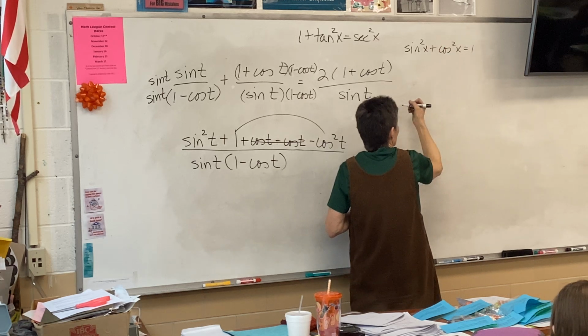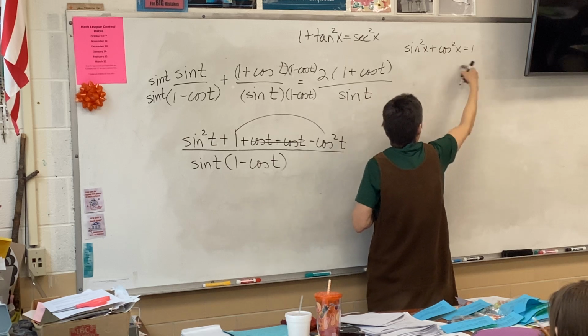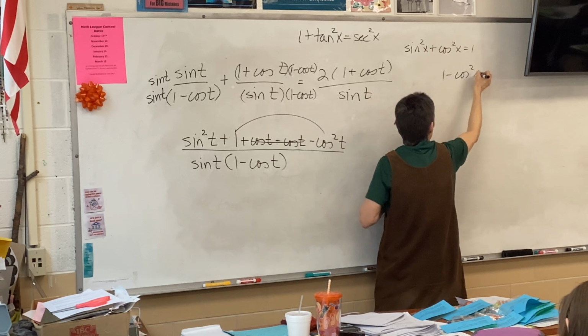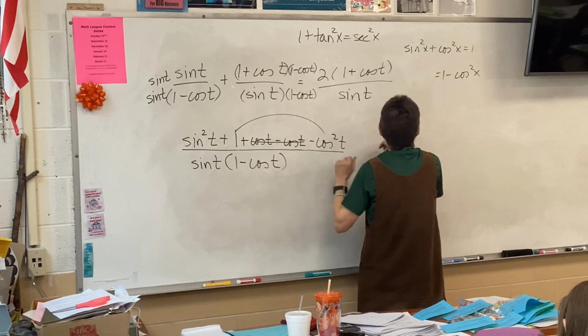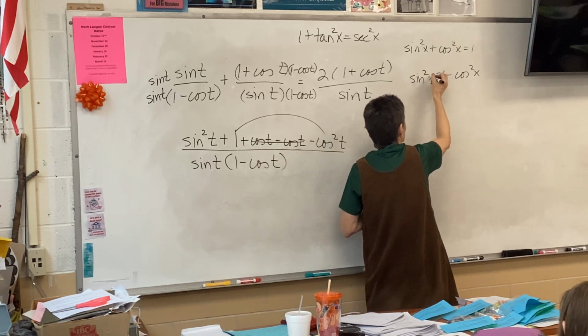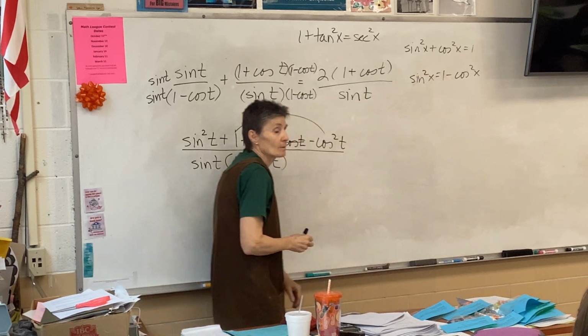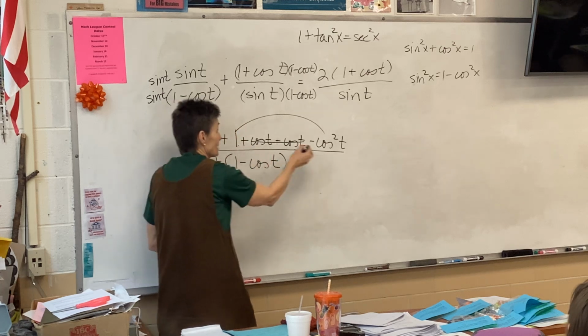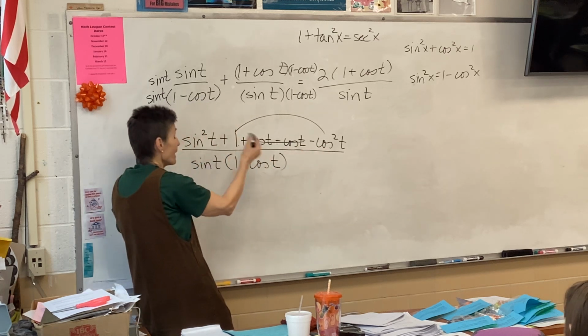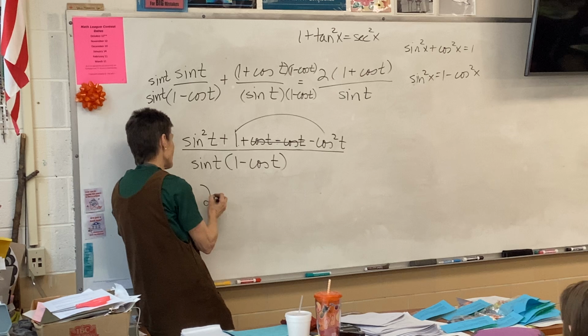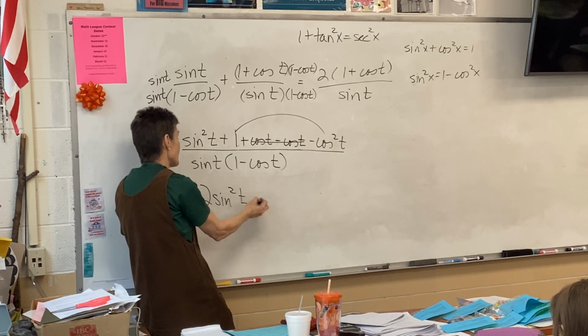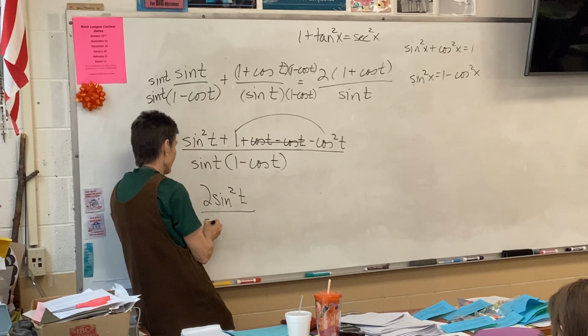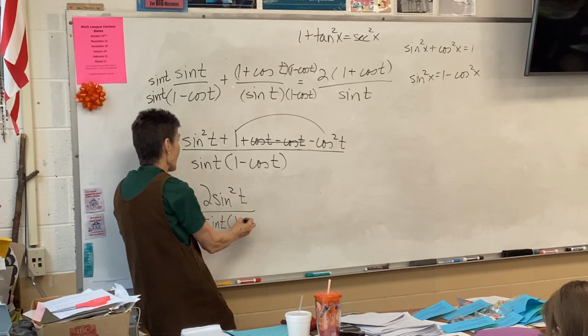So if you have 1 minus cosine squared, that equals sine squared. Would you agree with me? So this makes sine squared. So what do I have on the top? 2 sine squared, which is really good news because I needed a 2. And now I have it.